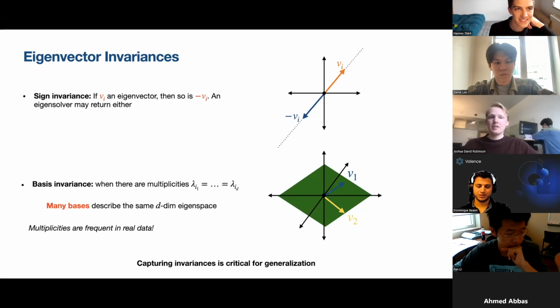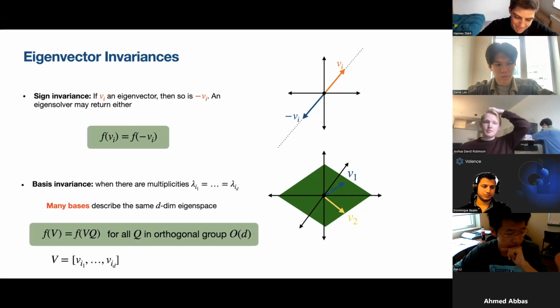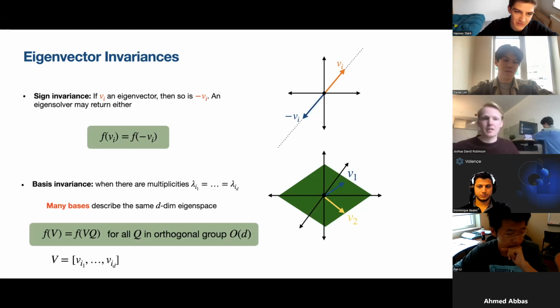So these invariances can be easily described mathematically, and you can write them in these forms for just a single eigenvector or eigenspace. In the case of sign invariance for just one eigenvector, a function f defined on that eigenvector should have the same value whether you look at vi or minus vi.